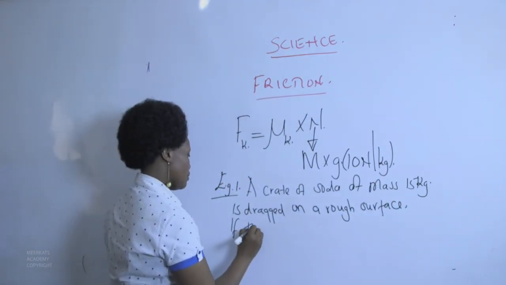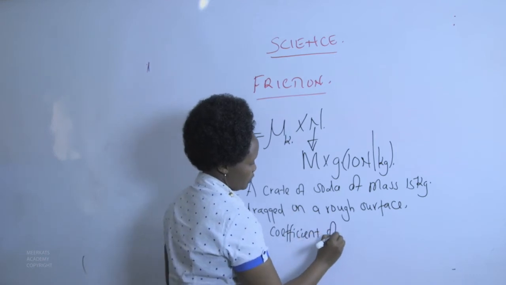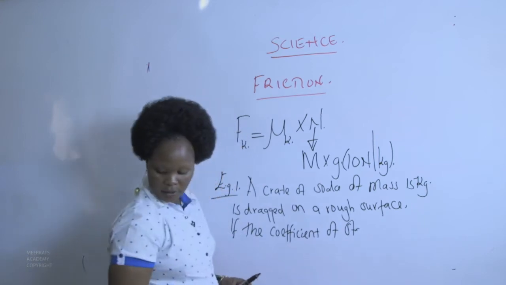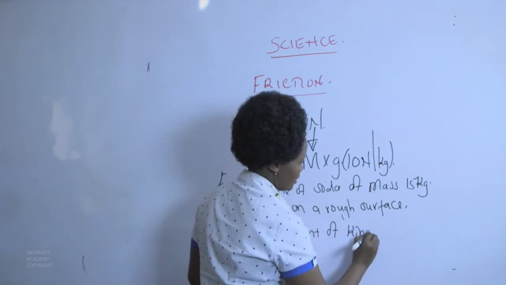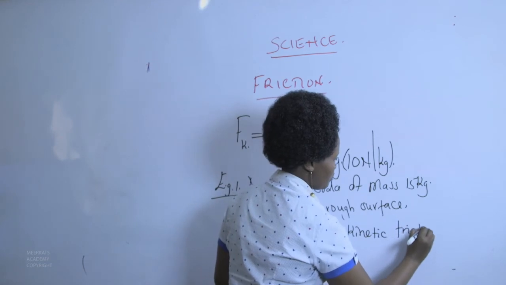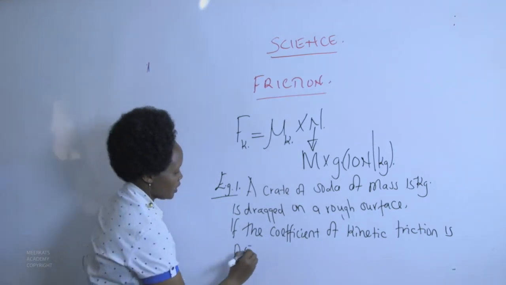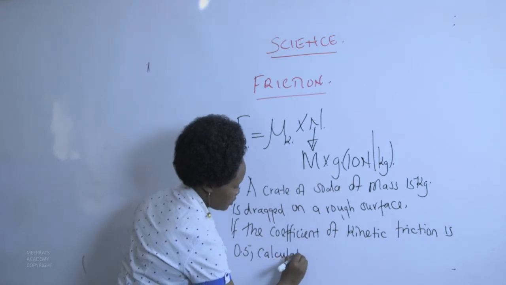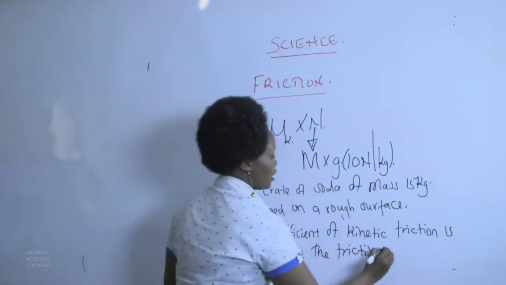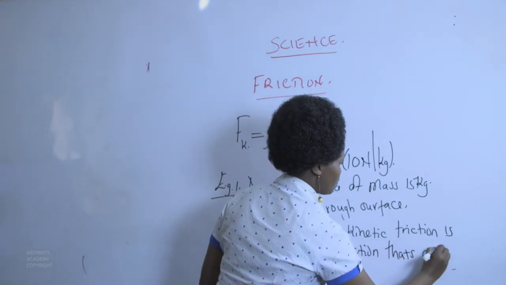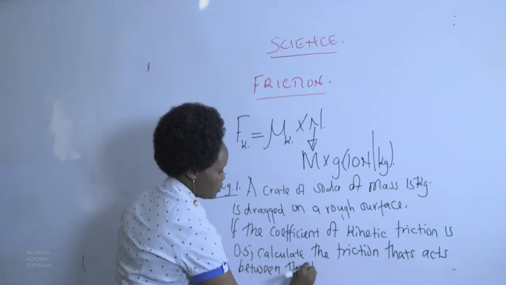If the coefficient of kinetic friction is 0.5, calculate the friction that acts between the two surfaces.